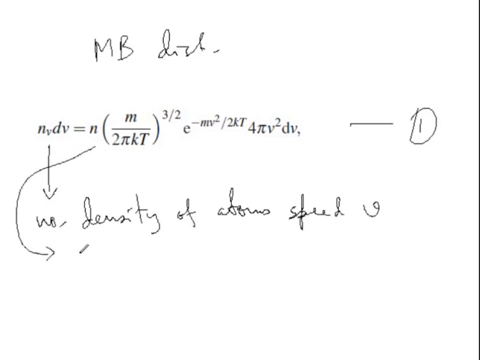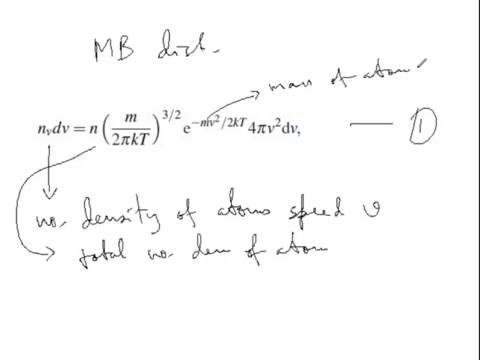N is the total number density of atoms in gas, and this m is the mass of atom. Now individual atoms gain or lose energy through collisions, and so the distribution in kinetic energy of the atoms produces a characteristic distribution in excitation levels in the atoms.